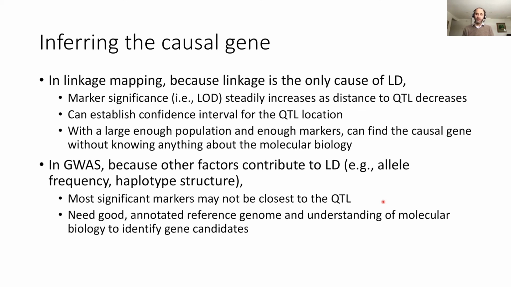Therefore, to go from the significant marker to developing hypotheses about candidate genes, you have to have a much better understanding of the molecular biology and a good reference genome with good annotation to make further progress. Those conditions are certainly met in many scenarios, but it's important to be aware of those differences.